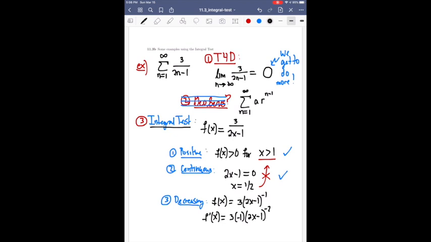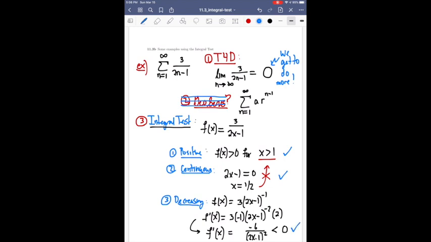And then through chain rule, we get this factor of 2 coming from the derivative of the inside. So, in other words, the derivative of our function f of x is equal to minus 6 all over the quantity 2x minus 1 squared. And for all x values greater than 1, this indeed is less than 0. So our function is also decreasing.